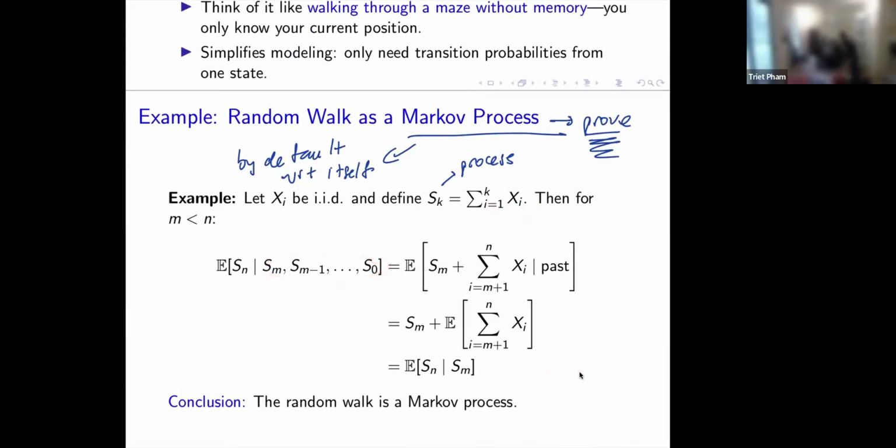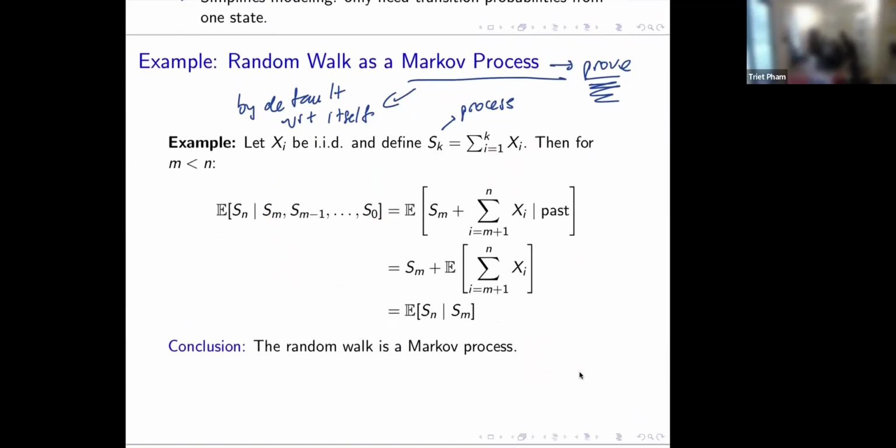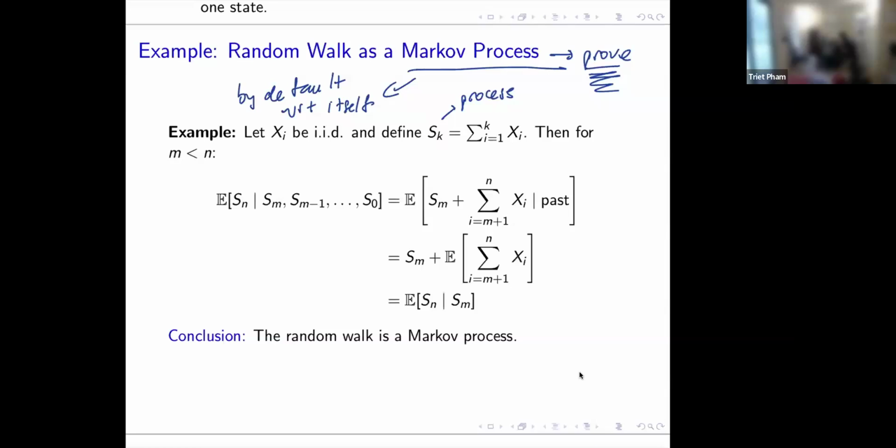The simplest example you can think of is the 1D random walk, where you start at 0 and have a coin toss. With probability P you go one step to the right, and with probability 1 minus P you go one step to the left, and you keep repeating. I think most people have seen this example.